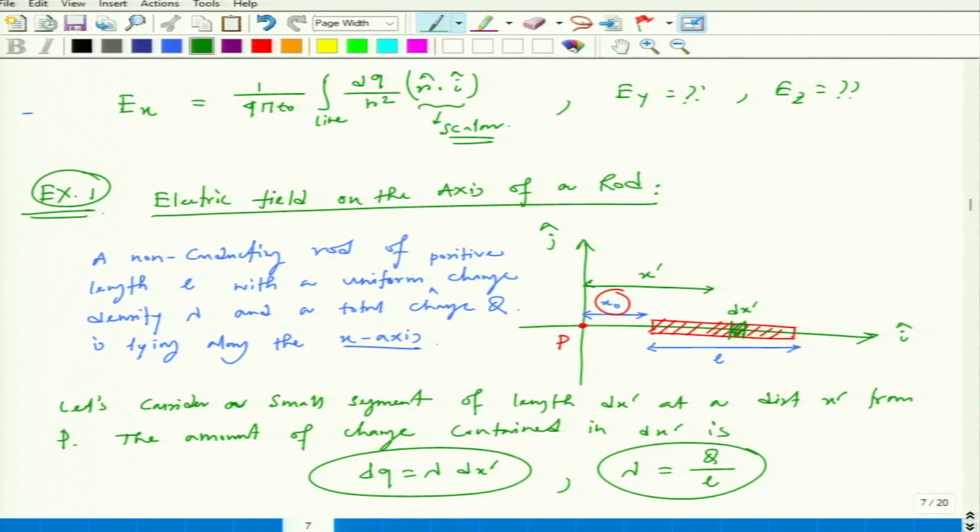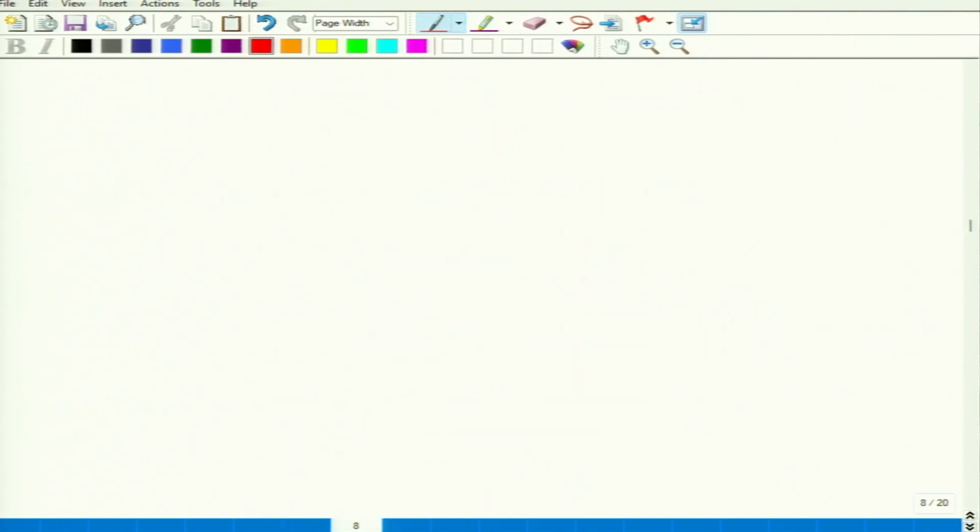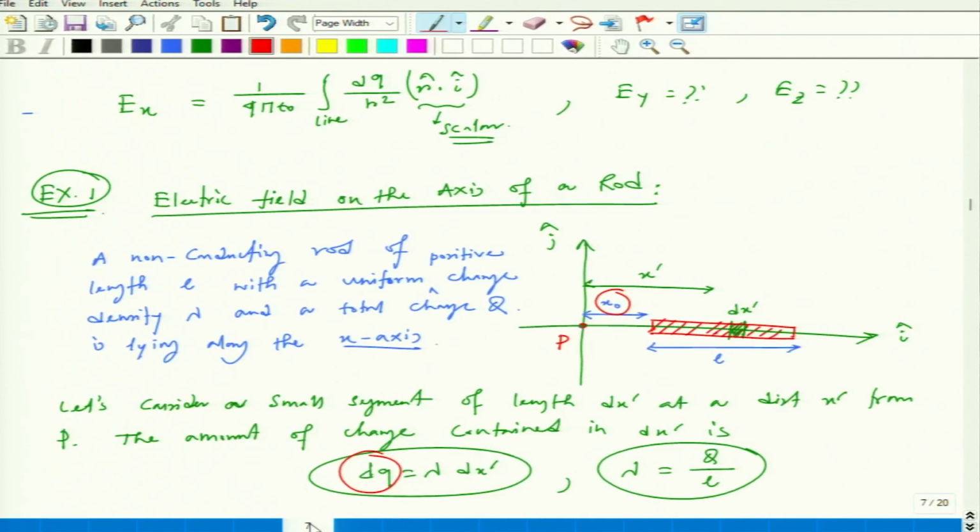Now we calculate the electric field at point P due to this charge element dq, and then integrate over the entire length to get the total electric field. We will calculate this in the next class.